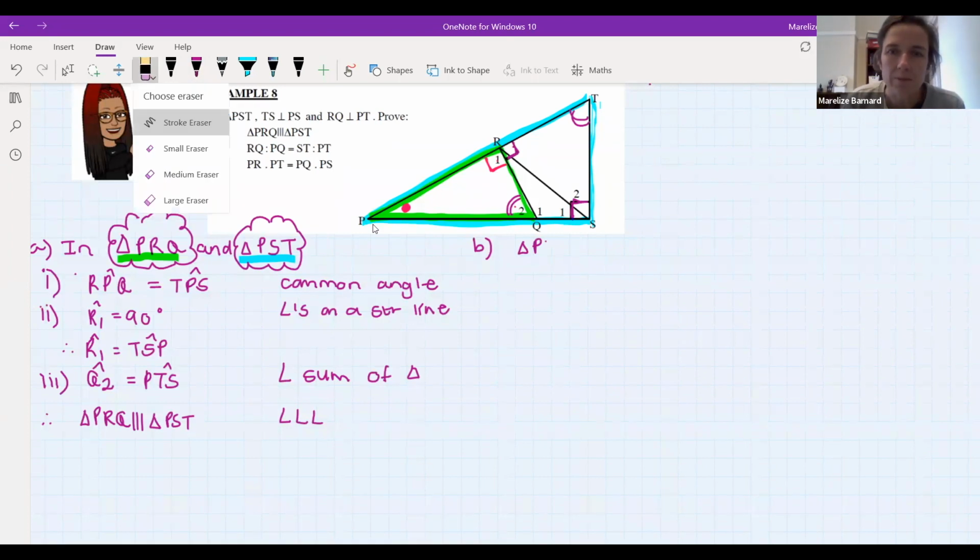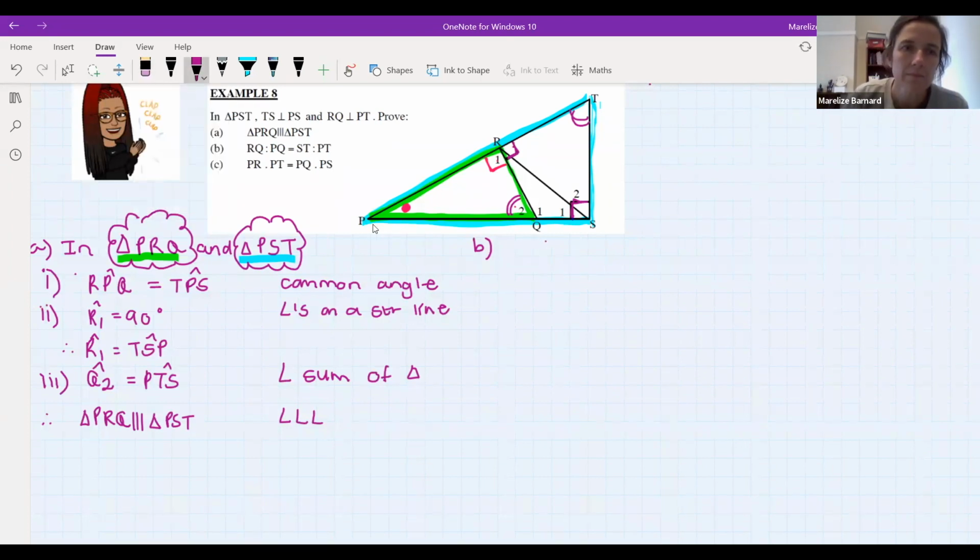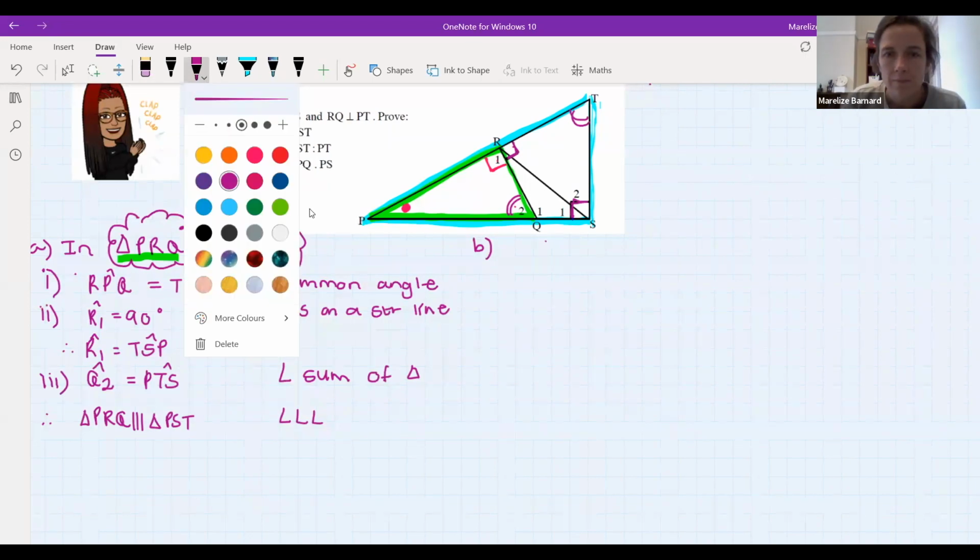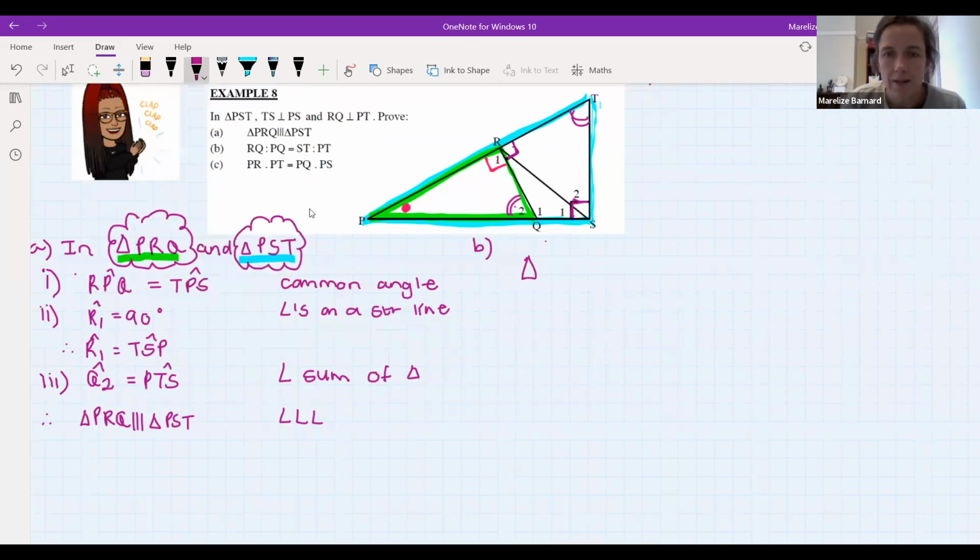Let me write this a bit bigger. When you get to this question, it's about proportionality, about the sides being in proportion. It says, prove that the ratio of RQ to PQ is the same as the ratio of ST to PT.